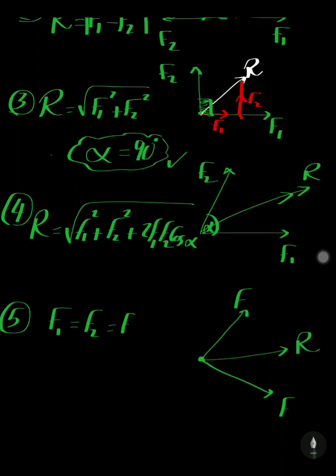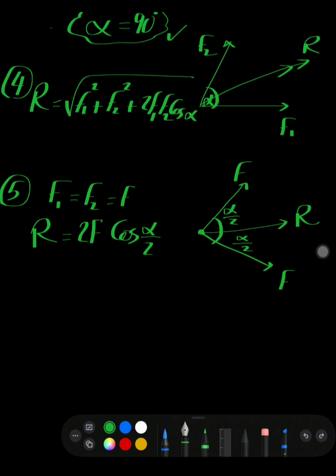Resultant bisect the angle between the two forces. The angle between the two forces is alpha. If the two forces are equal, then the resultant bisect the angle between the two forces. This angle will be alpha over 2, and this angle is also alpha over 2. Now to find the resultant, we make 2F cosine alpha over 2.